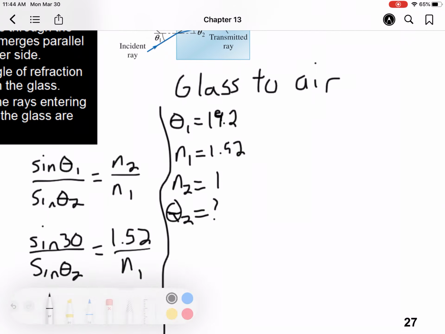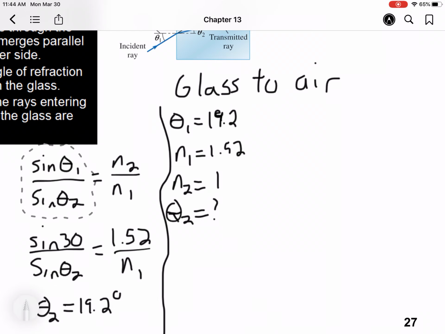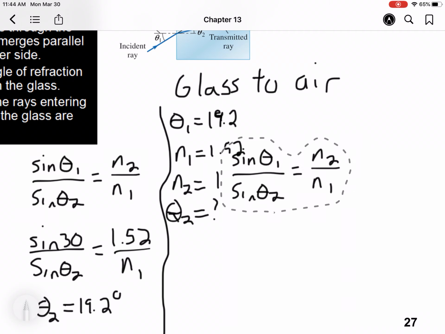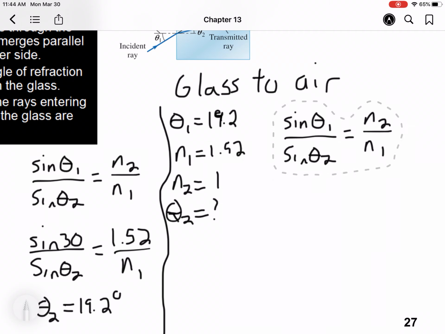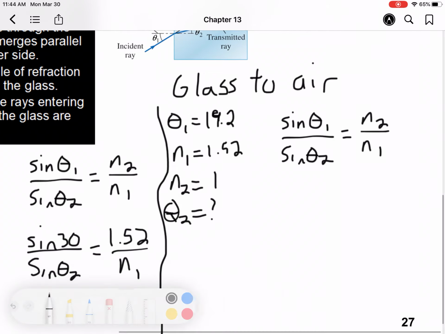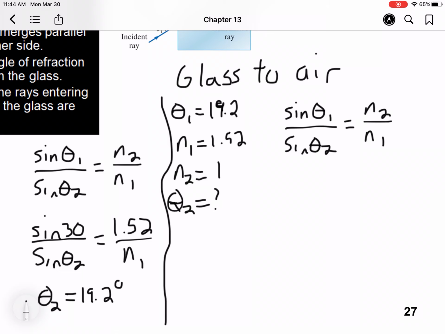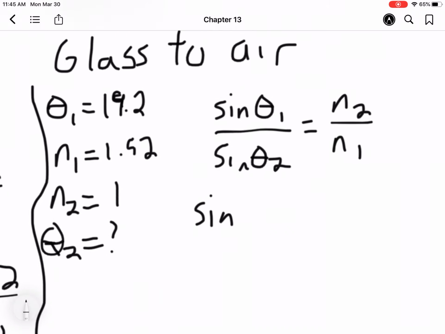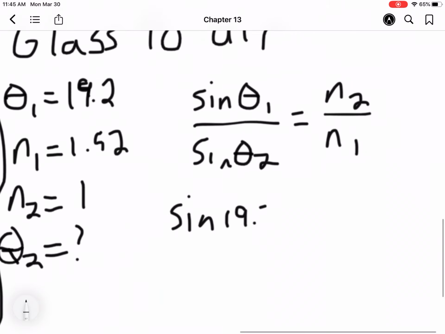So we're going to take the same equation that we used before, which I can just copy. I've got angle 1, so sine 19.2 over sine angle 2, but now these switch.